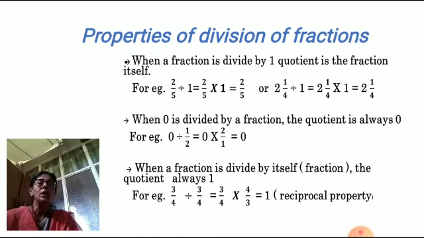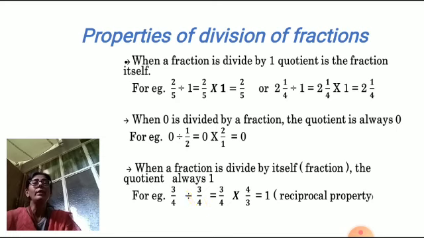Okay, now another property. When a fraction is divided by the fraction itself, your quotient will always be 1. This also you have to keep in mind. Whenever you divide any fraction by the same fraction, your answer will always be 1. Say for example, 3 upon 4 is divided by 3 upon 4.